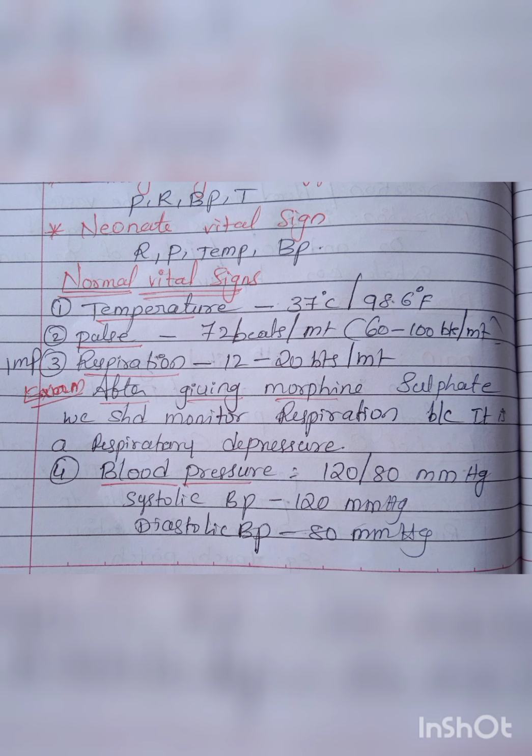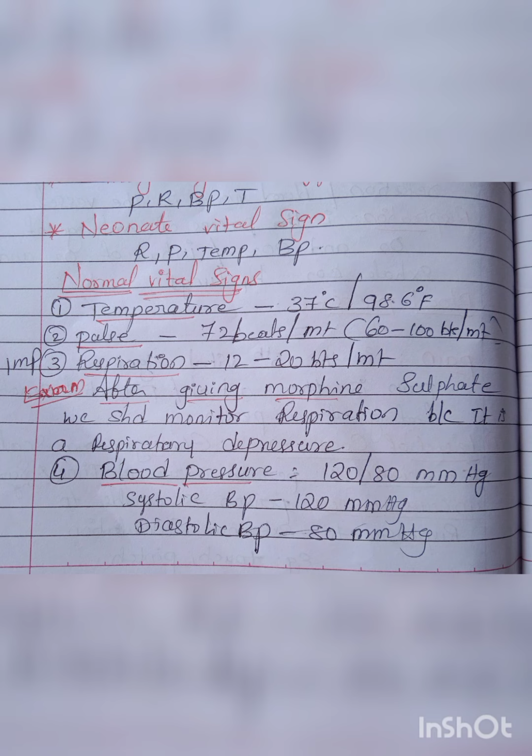So what are the normal ranges of the vital signs? Temperature is 37 degrees Celsius. And if it is in Fahrenheit, 98.6 Fahrenheit is the normal temperature in all human beings. If it increases or decreases, the terminology is different.